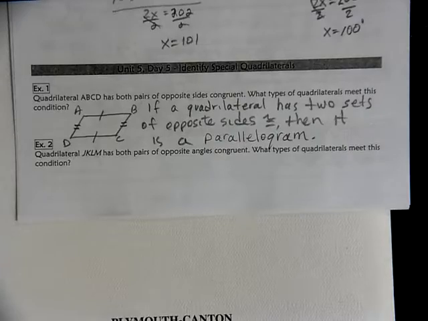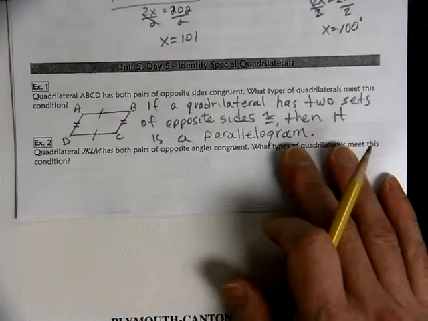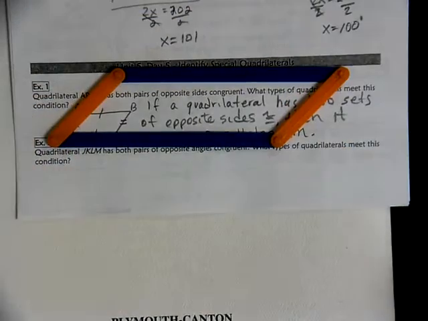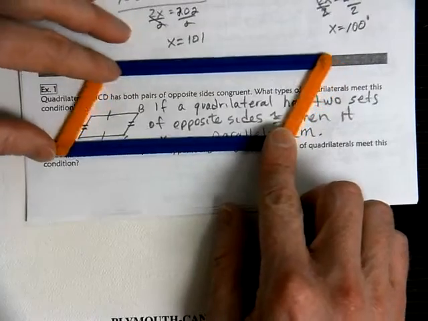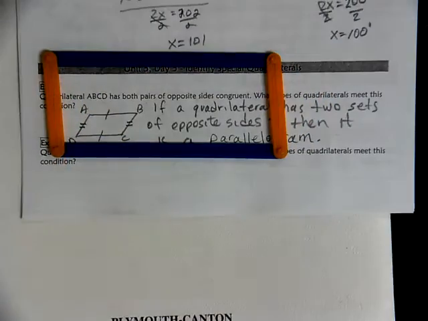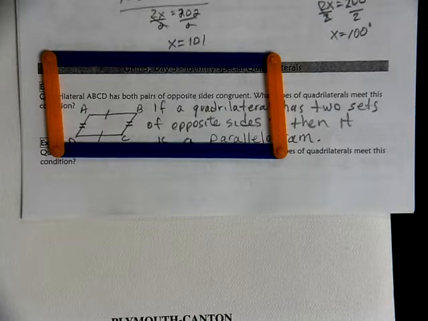Two sets of opposite sides congruent is always going to be a parallelogram. It might just be a parallelogram like this, or it might have right angles but still have two sets of opposite sides congruent.